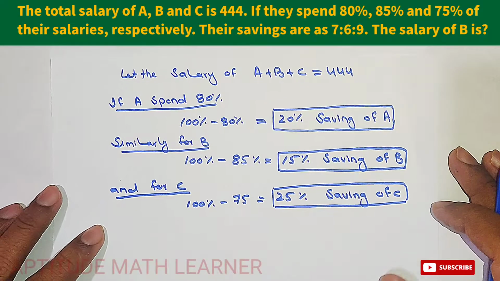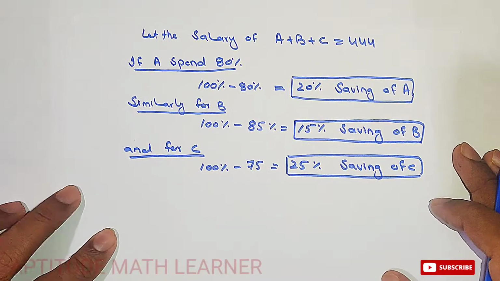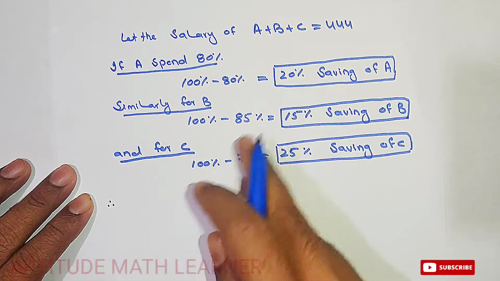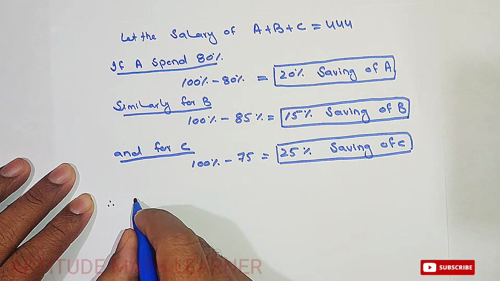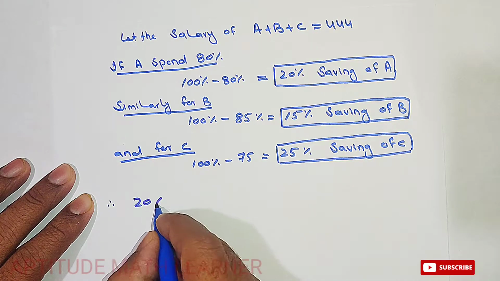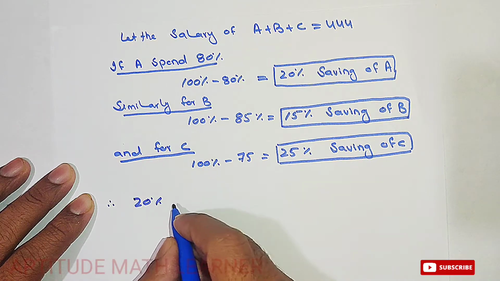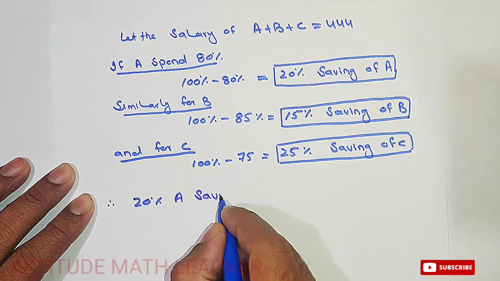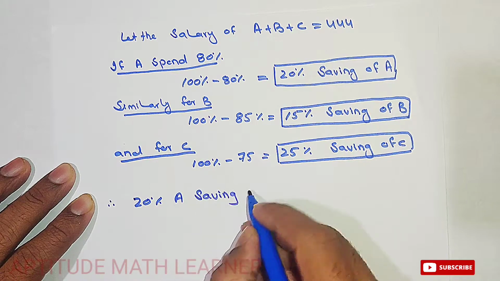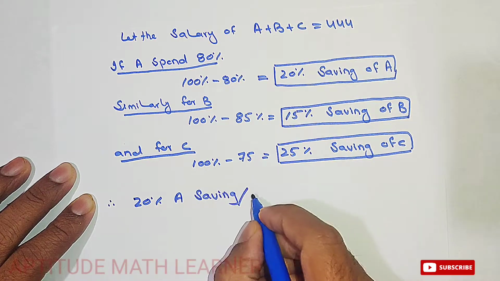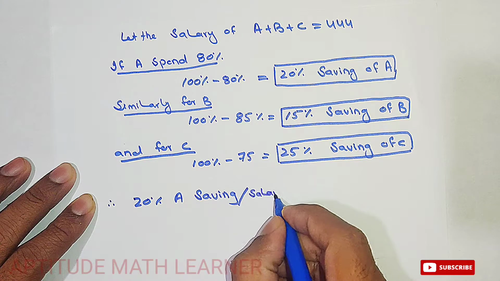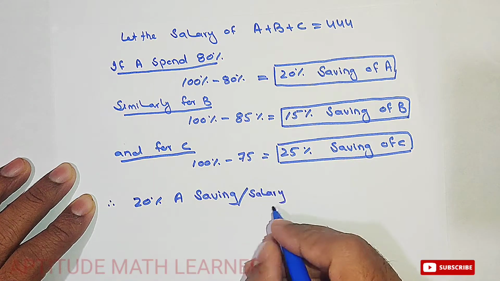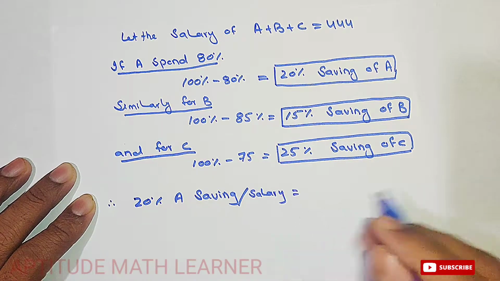Now the next thing we have to do: therefore 20% of A's salary, that is in the ratio.